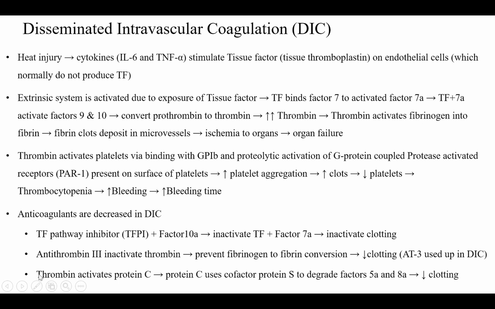Since you have too much production of thrombin in DIC, this activates protein C, and protein C along with protein S degrades factor 5A and 8A, and this also decreases the formation of clots. So these are the three ways you have decreased clotting and increased hemorrhage in the body at the time when you have DIC.